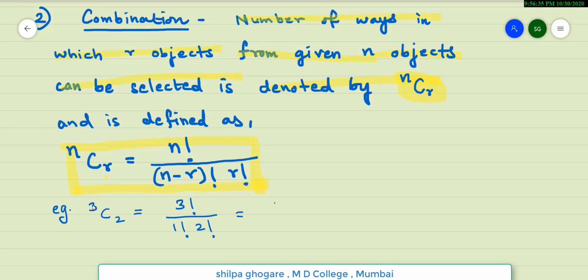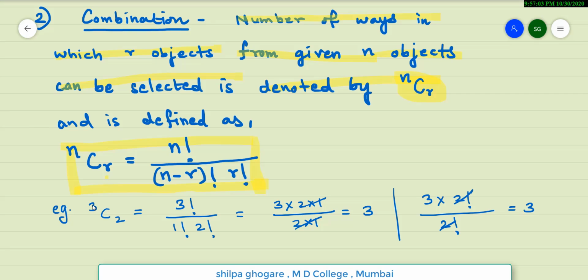So what we get is 3 factorial upon 1 factorial into 2 factorial. 3 factorial is 3 into 2 into 1, 1 factorial is 1 and 2 factorial is 2 into 1. So when this gets cancelled, the answer is 3. Another way of doing the calculation is that 3 factorial can be broken as 3 into 2 factorial. The denominator is 2 factorial, and then you cancel this 2 factorial and the final answer is 3.